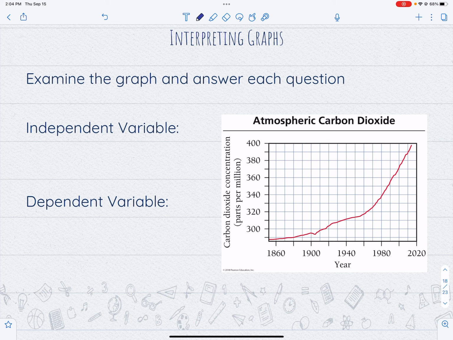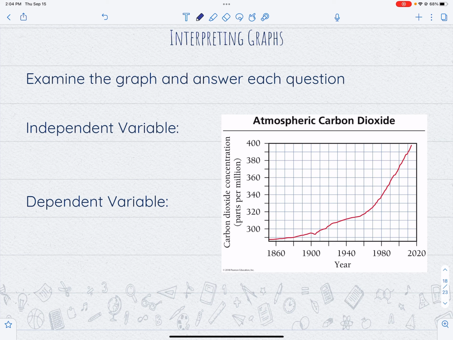Remember, the dependent variable is what you measured. The independent variable is what I changed. Now, it's weird because I can't just change the years, but the years happened. That's what I'm looking at. I'm looking at the difference between 1860, 1980, 2020, and I'm measuring the carbon dioxide concentration.